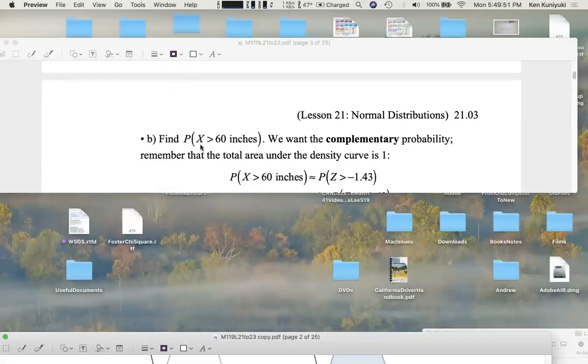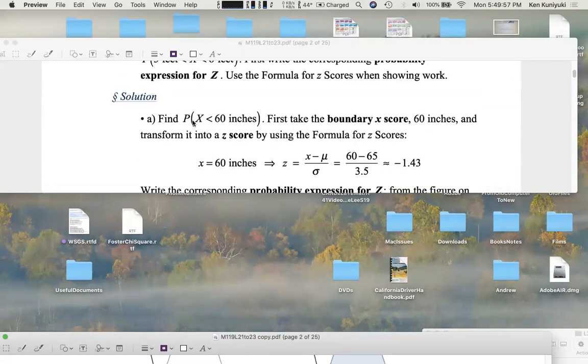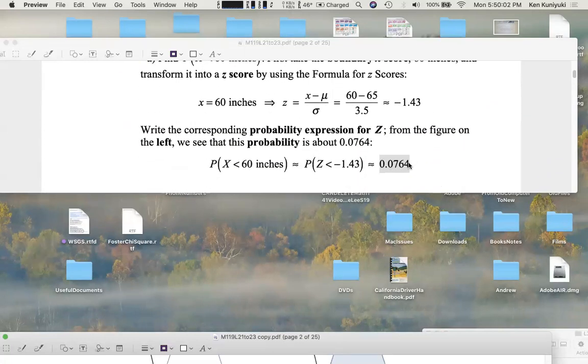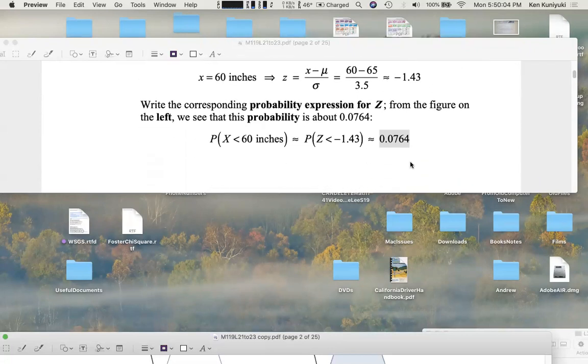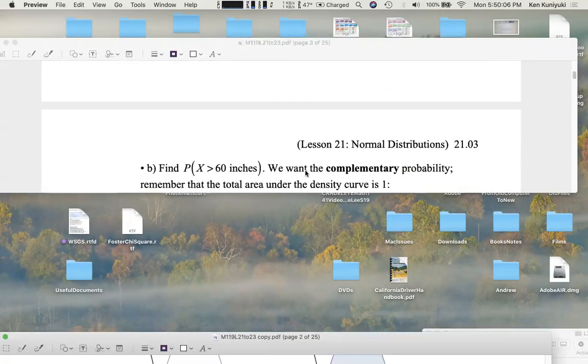Wait a minute. In part A, we asked what's the probability that this woman was shorter than 60 inches? We found that was 0.0764. So if we're asking for the probability that the random woman is taller than 60 inches, we want the complement.